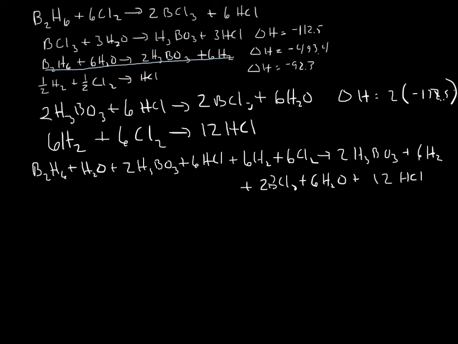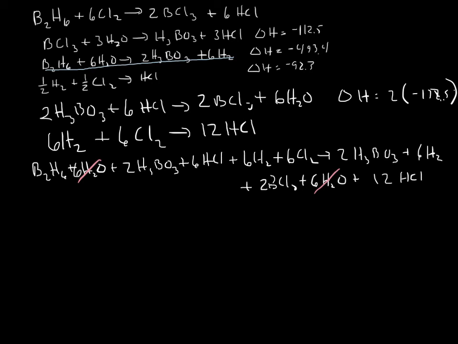So now we need to start crossing out the things that are on both sides. We don't want to cross out that B2H6 because that's what we want there. We do have a little typo here, right? This should be 6 waters right there. So we can actually cross out that 6 waters and that 6 waters.